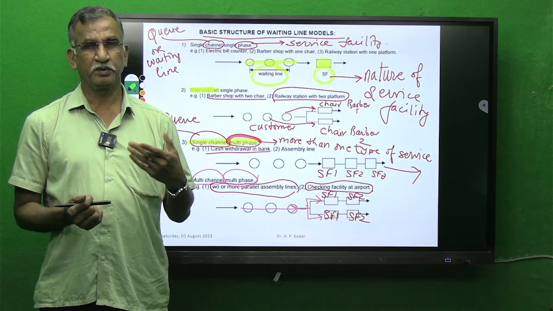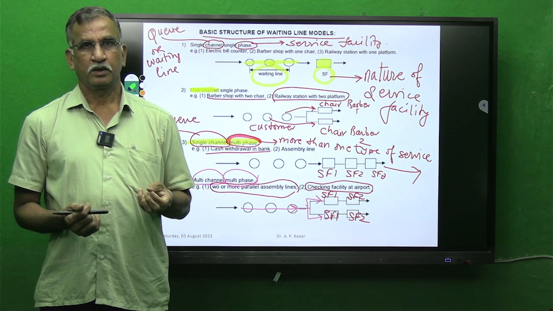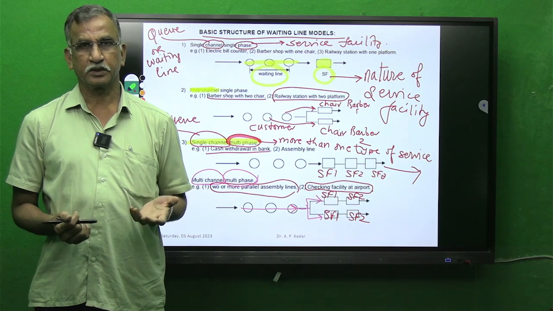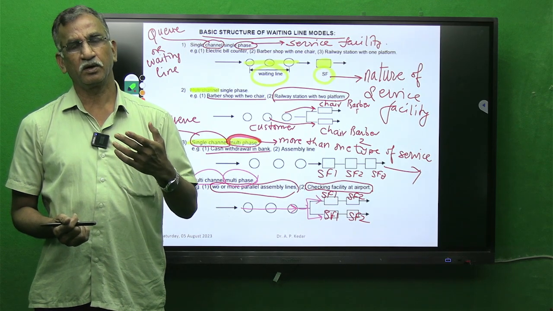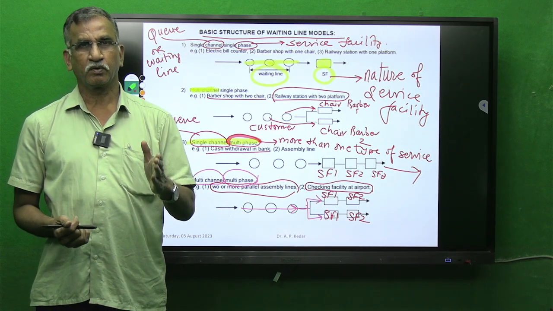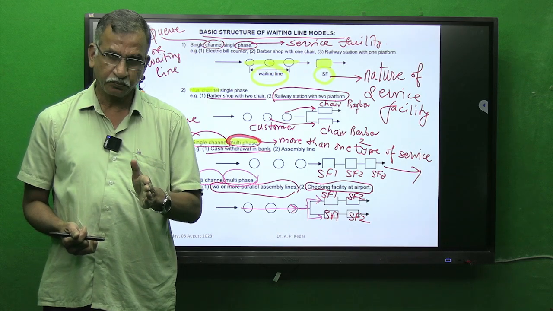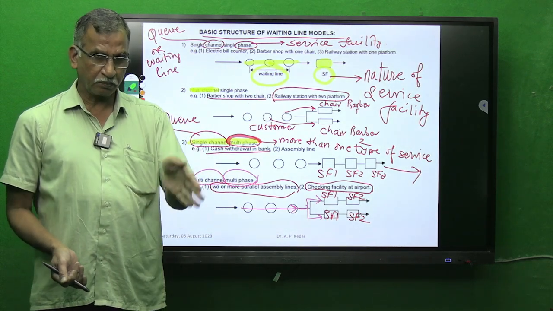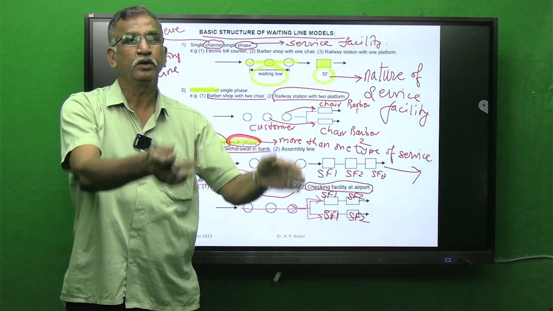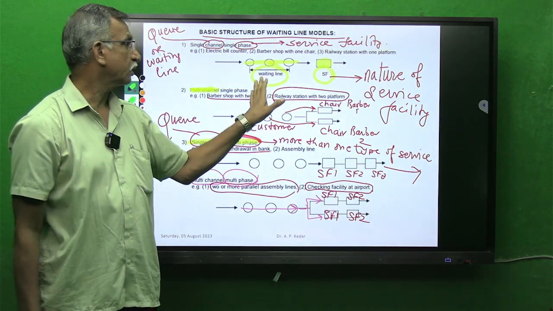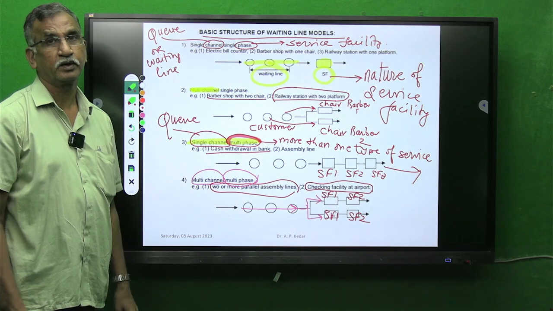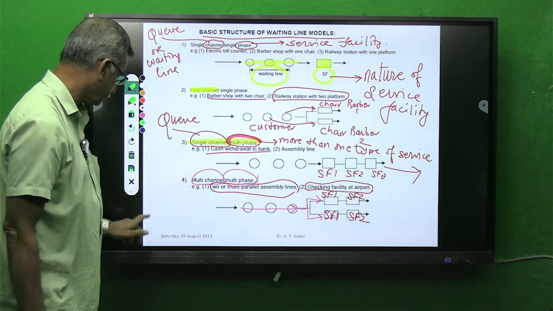Security check, immigration check, your ticket checking, Aadhaar checking, every now and then you are required to go through different queues, and initially one line is divided into different lines. So these are, in real life, the basic structures of waiting line models we come across.